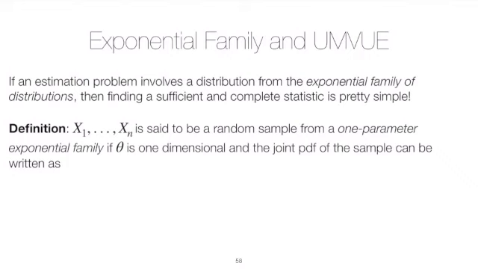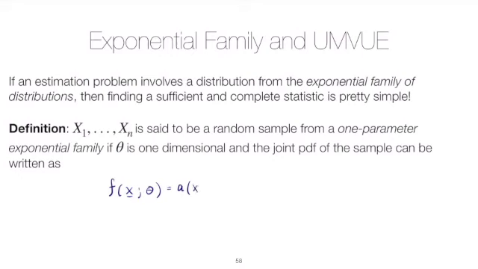So let's first define the exponential family. If we have a random sample x1 through xn, it's said to be from a one-parameter exponential family if the joint PDF of the sample can be written in the following way. So joint PDF, parameter theta. Basically, we can split up the distribution into some functions.